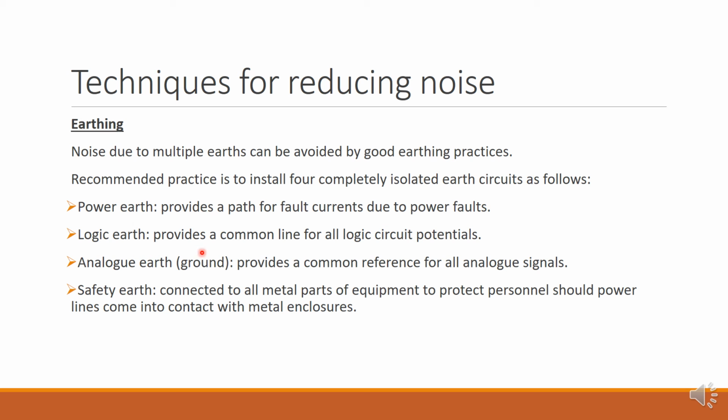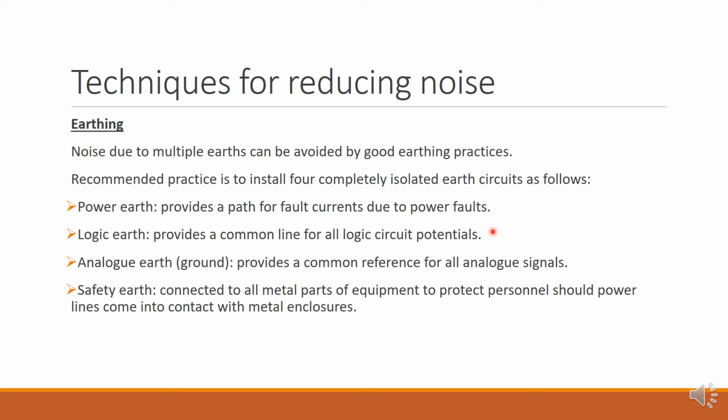And then logic earth provides a common line for all your logic circuit potentials. Because your circuit potential is between 0 to 5 volts, we create a specific earth for your logic devices, because the high voltage for this one is only 5 volts.